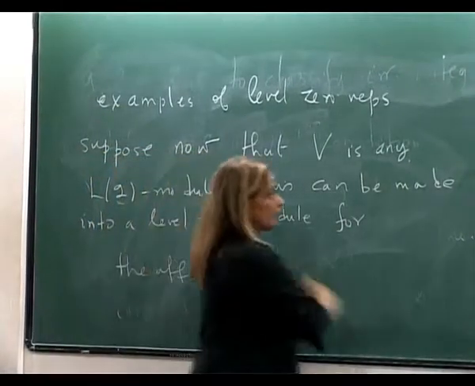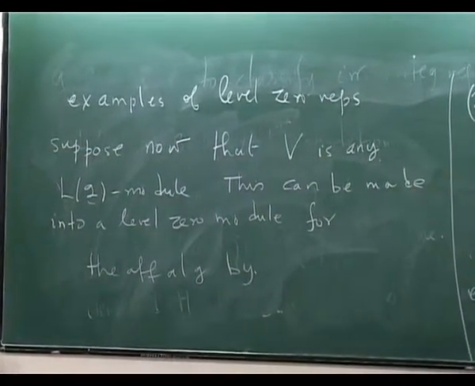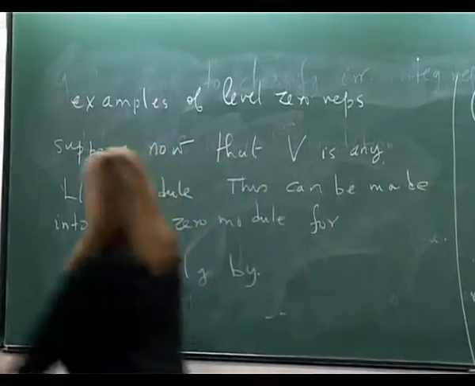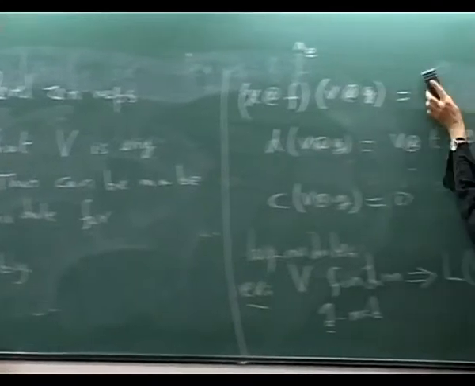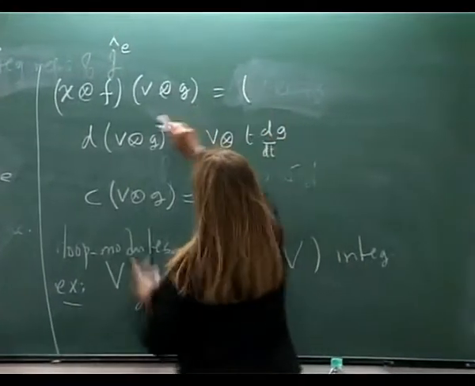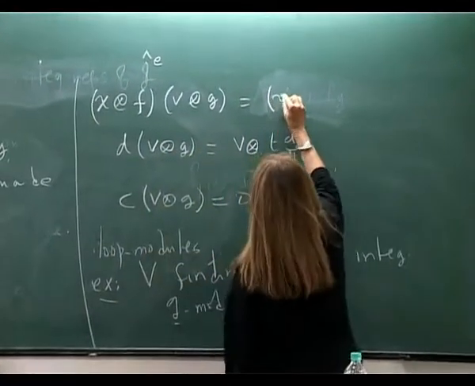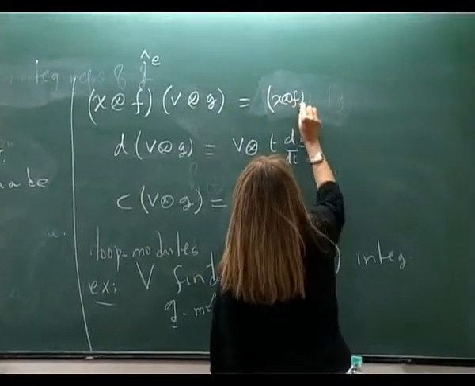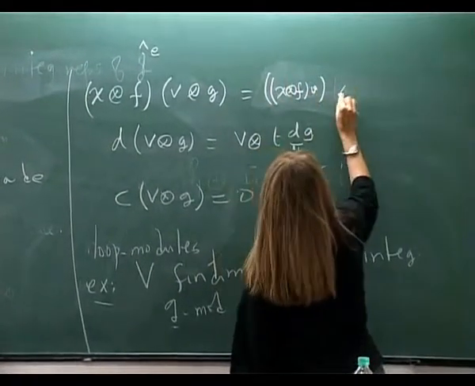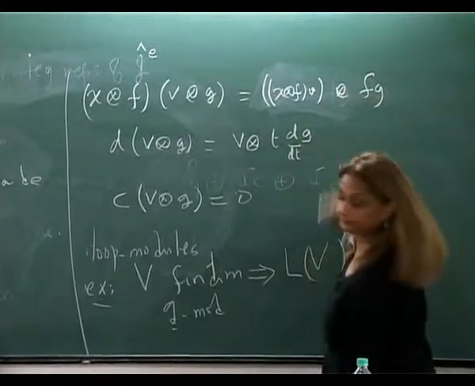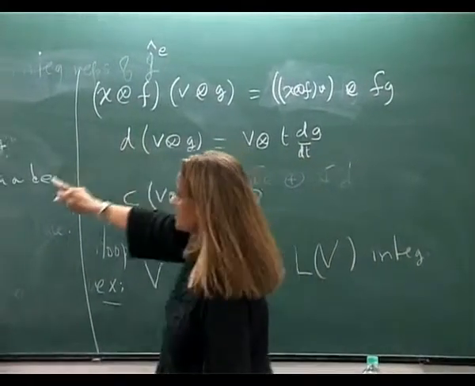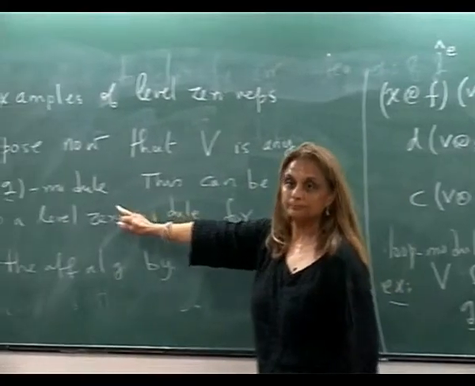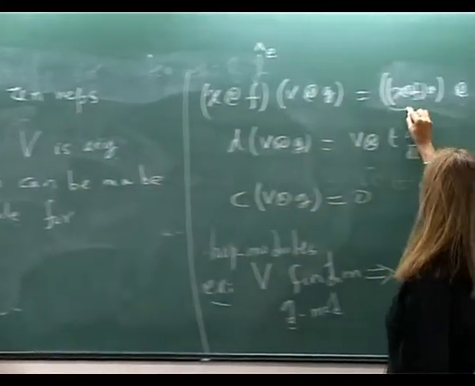So let me write it over there. So you make X tensor F act on V now. So this V is now a module for LG, right? So this makes sense.